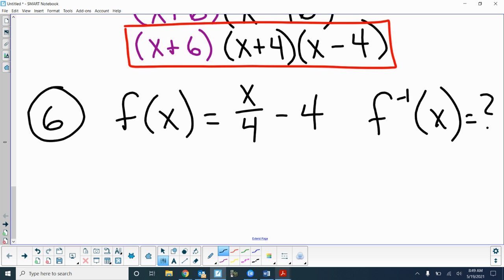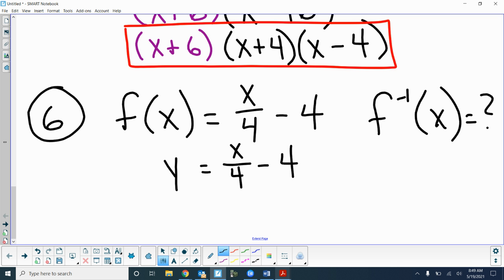We thought about it like this. F of x is just like y equals, right? So what did we do to figure out the inverse? We did what? No. Flip the x and y first, remember?